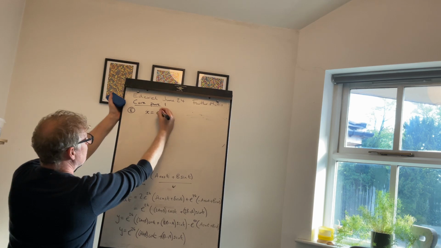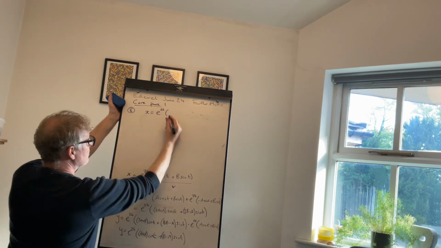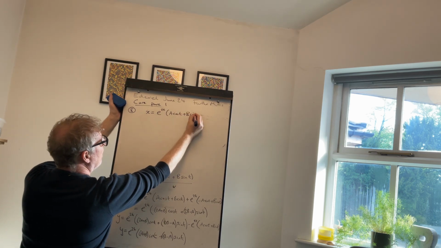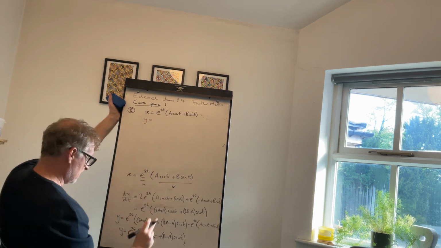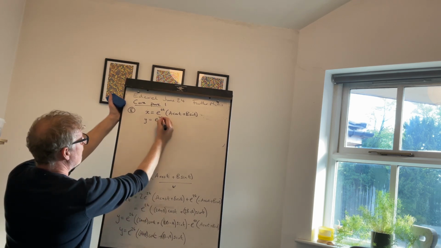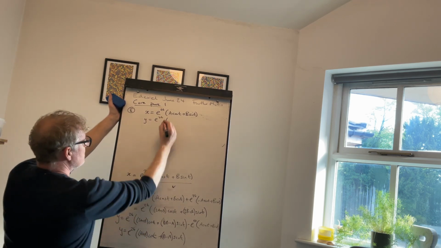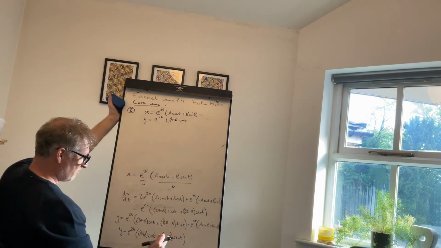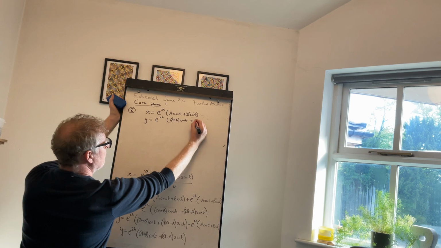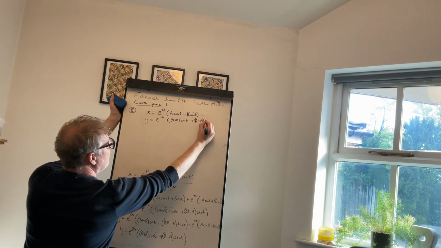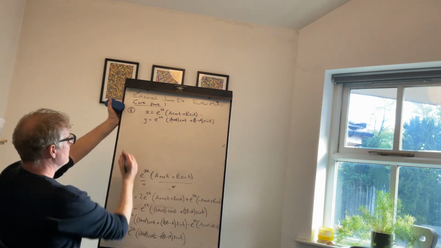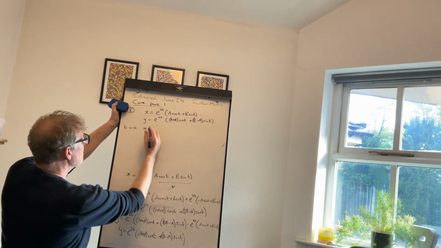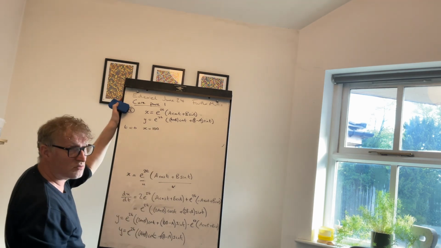So x is e^(2t)(a cos t plus b sin t), and y is e^(2t)((a plus b) cos t plus (b minus a) sin t). Right, so we know when t equals 0, x equals 100, and y equals 275.